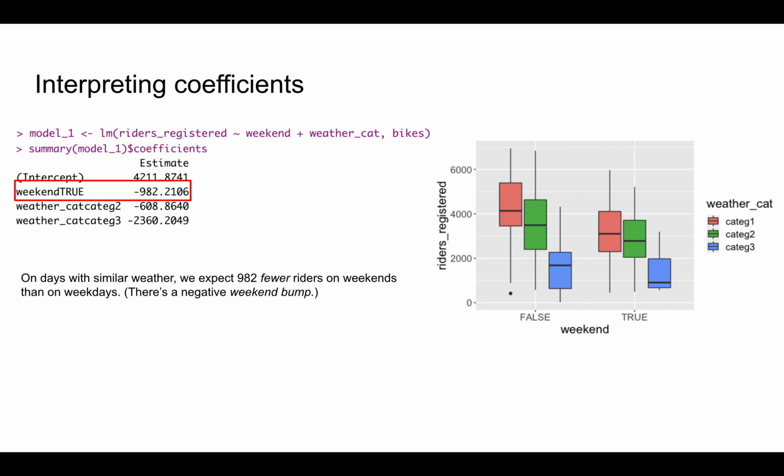Next, we observed that the weekend true coefficient indicates a negative bump in ridership on weekends. Specifically, on days with similar weather, we expect roughly 982 fewer riders on weekends than on weekdays. This is a theme. Categorical coefficients indicate differences or changes from the reference level. Visually, we observe this bump when comparing the weekday and weekend box plot summaries within any weather category.